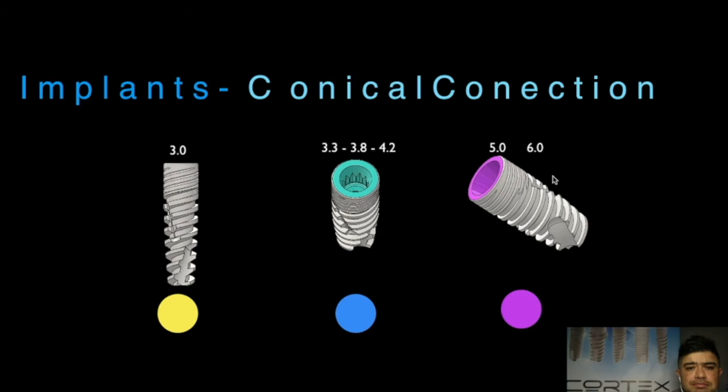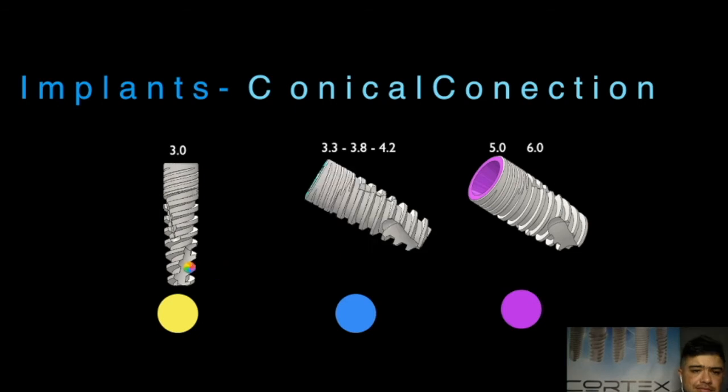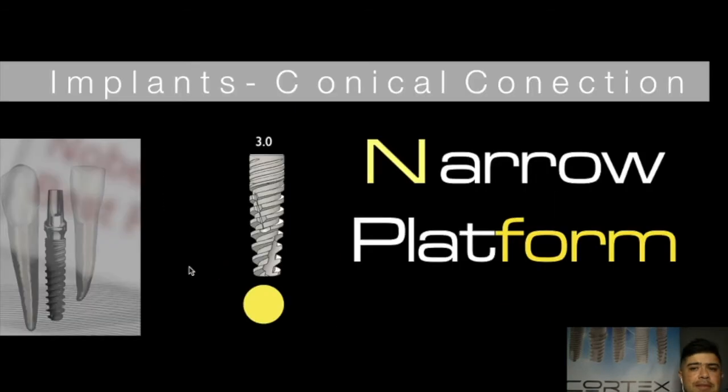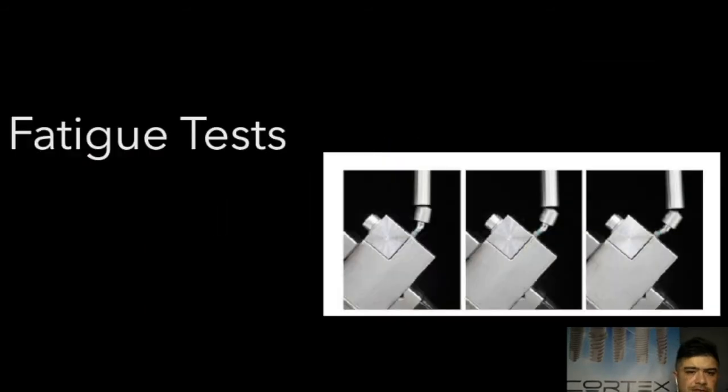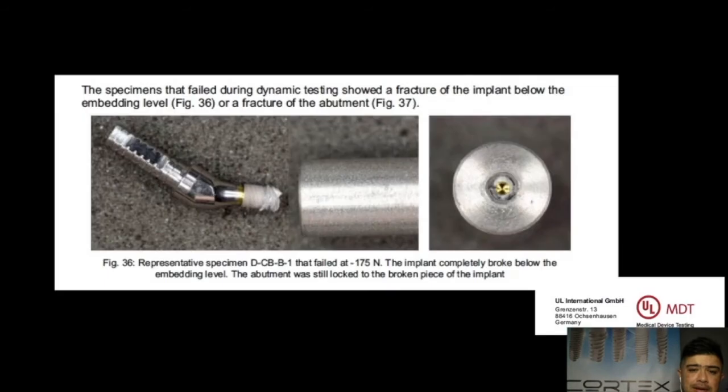For the first group, the 3.0 implant, the narrow platform implant, you have to know some considerations. The first one is to analyze the fatigue test of this implant. When you see the fatigue test, you see that the maximum resistance of this implant is around 200 newtons.